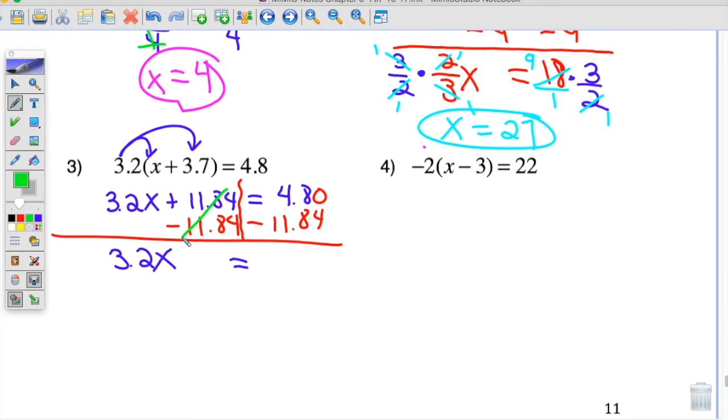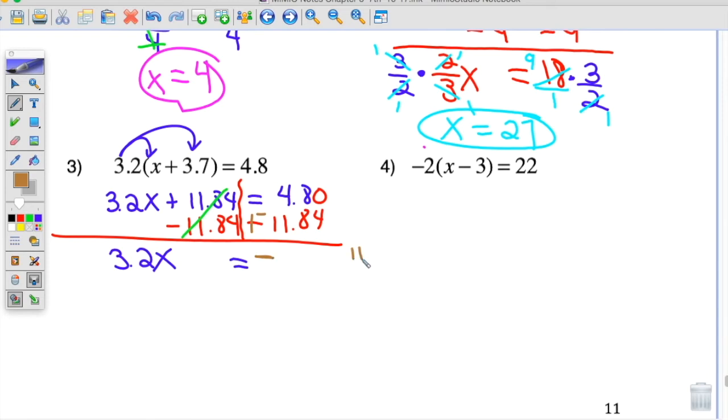And now using your calculator, we have 4 and 80/100ths minus 11 and 84/100ths. Because we have a smaller decimal subtracting a larger one, we're going to change it to add in the opposite. Now we need to take the sign of the larger number, which is negative, and we're going to subtract 11 and 84/100ths minus 4 and 8/10.